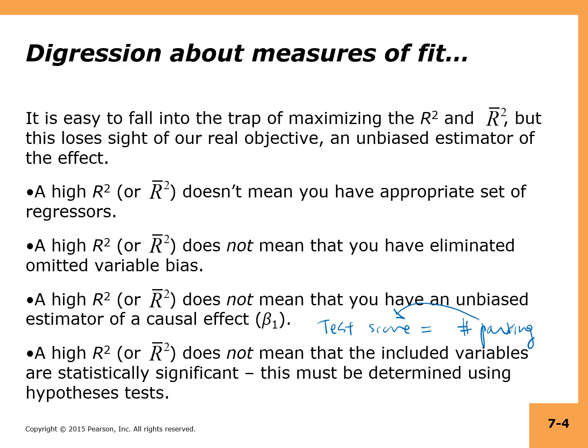For example, if you had a model that included only STR in our test score example, and another model that included STR and the percent English learners, and the R-square increases in the second model, that doesn't mean that the percent English learner is statistically significant. You need to test this using the test statistic to determine whether the percent English learner variable is statistically significant or not.